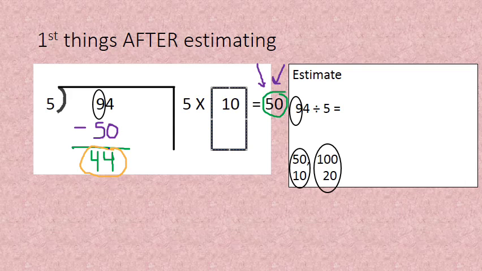If I had 44 of something, I could easily make groups of 5. So what I would want to do then is to continue multiplying by 5 until I got to a number that was close to, but not over 44.